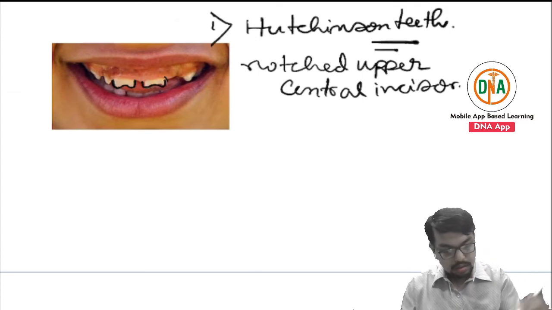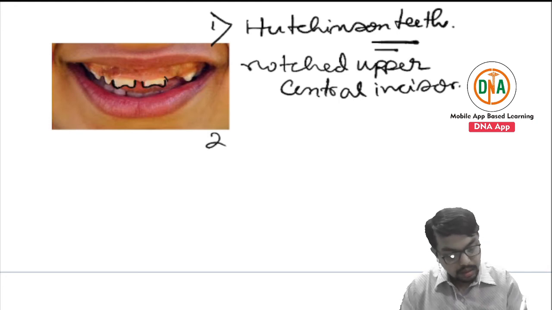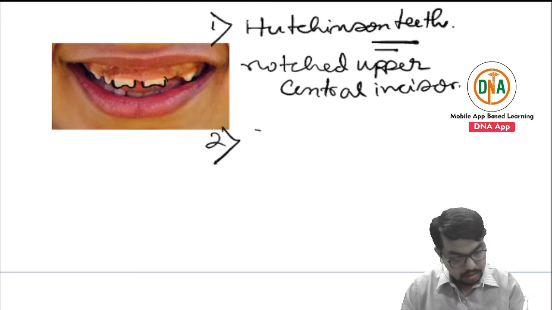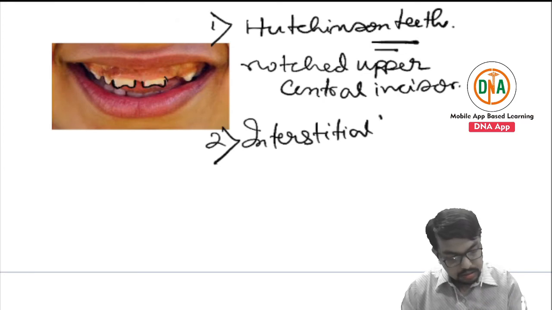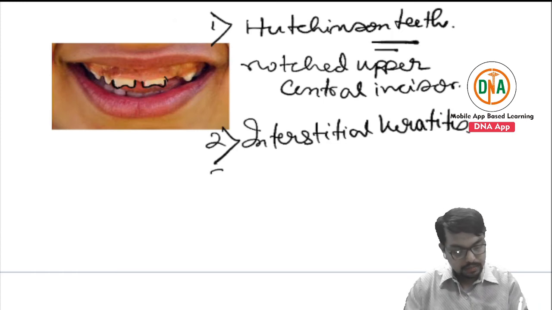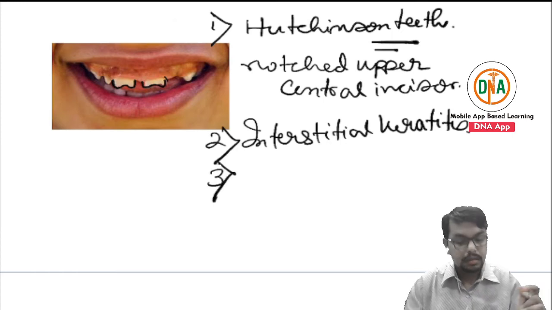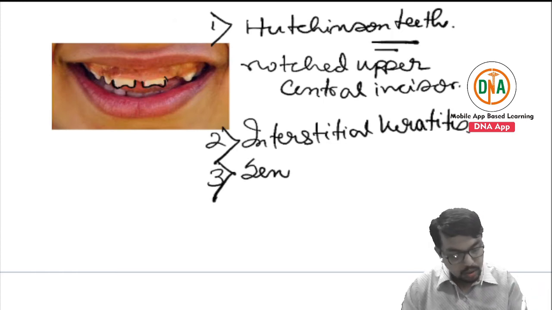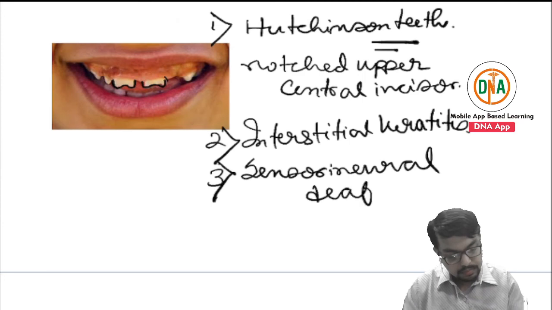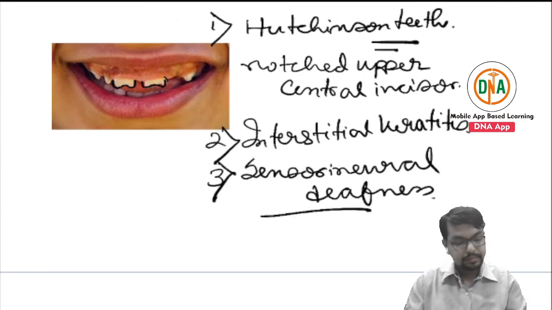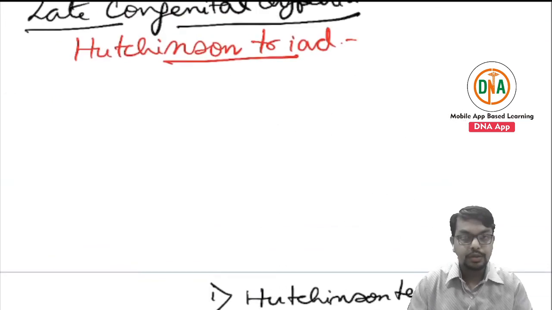This is one. Second is the eye feature, interstitial keratitis. Third, sensorineural deafness. So these three are the features of Hutchinson triad.